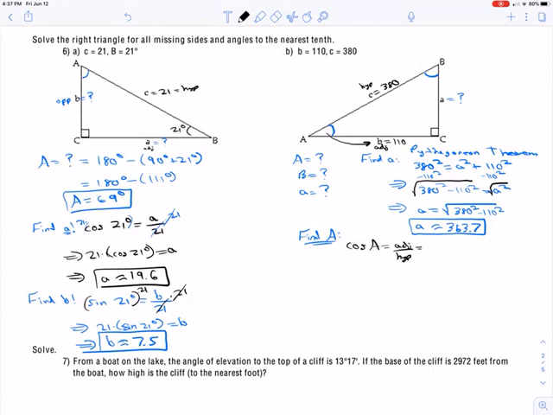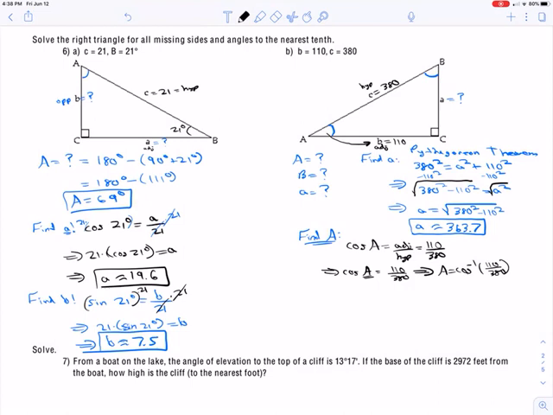So that's equal to what? B, which is 110 over 380. So cosine of A equals 110 over 380. Now, to find A, we need to use inverses. So A is equal to cosine inverse of 110 over 380.